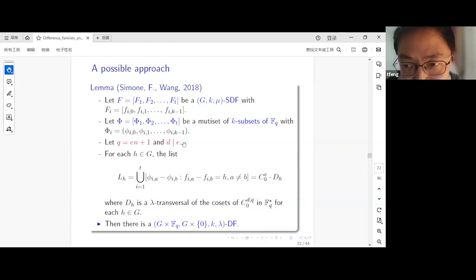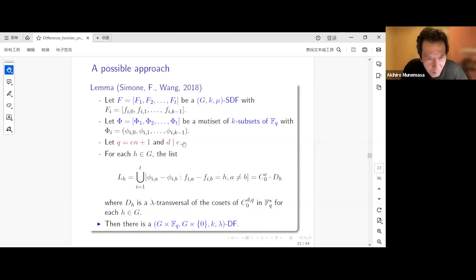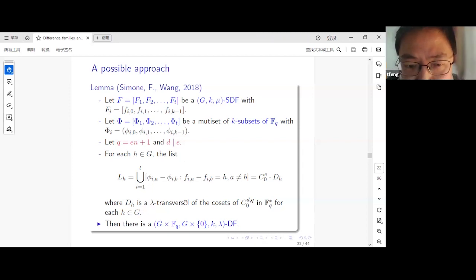But the assumptions are not clear. What are you assuming? First, are you assuming that there is a (G,k,mu) SDF? And then assume that the second coordinates must satisfy this cyclotomic condition.